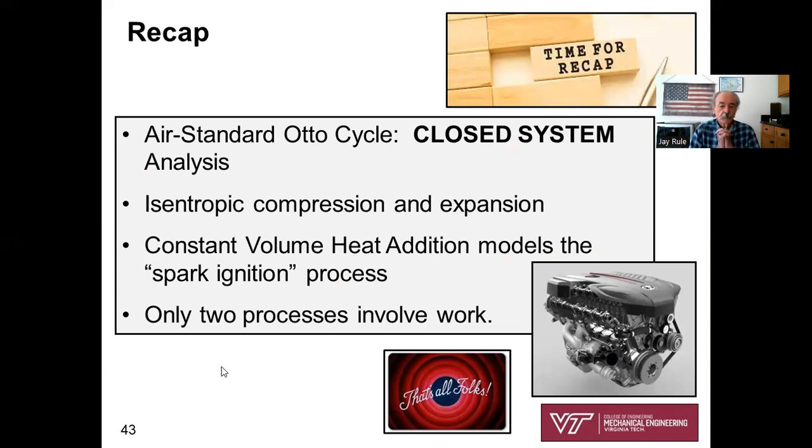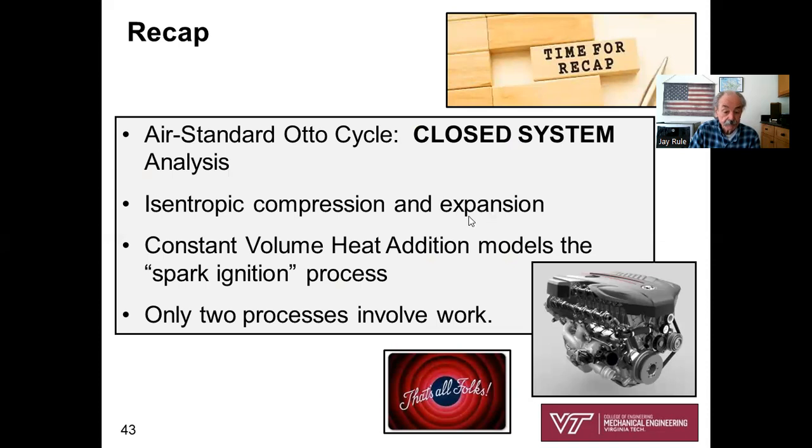Okay, so we've spent a lot of time. I have to apologize a little bit for that, but for completeness, I wanted to work through two different methods of solution for the same Otto cycle analysis. So what's our recap? The Otto cycle involves a piston and cylinder, closed system analysis. It involves an isentropic compression and an isentropic expansion process.